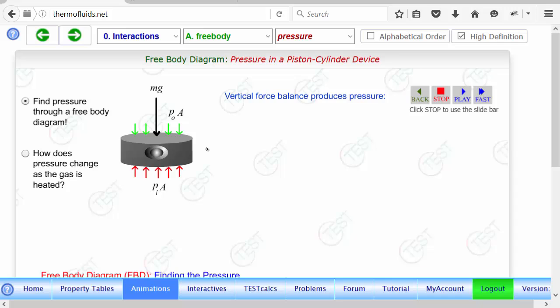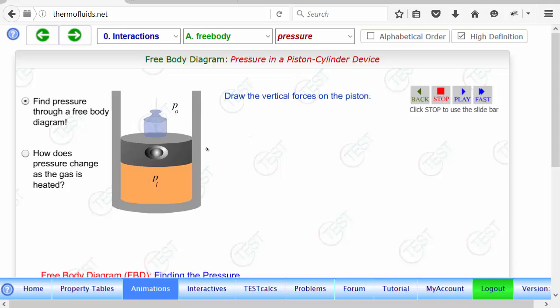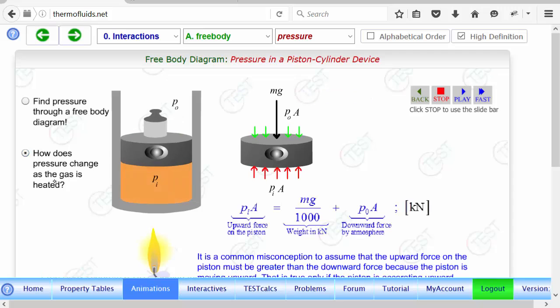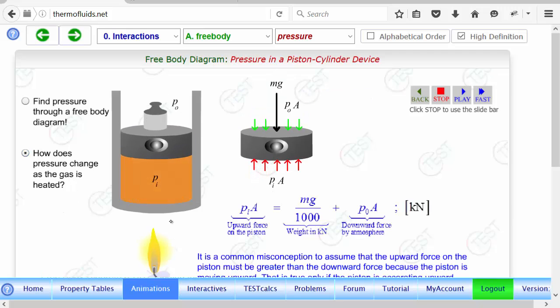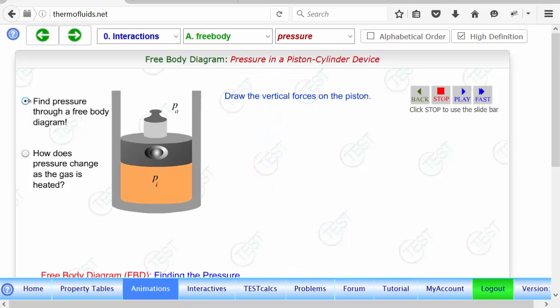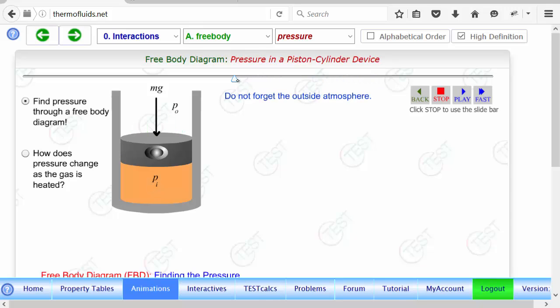It explains how to draw the free body diagram step by step, and also the what-if scenario, where you can click what happens if the gas is heated. You can see that the free body diagram balance doesn't change. By the way, you can also pause the animation anytime by clicking the stop button here and go back and forth, moving the slider to any desired point.